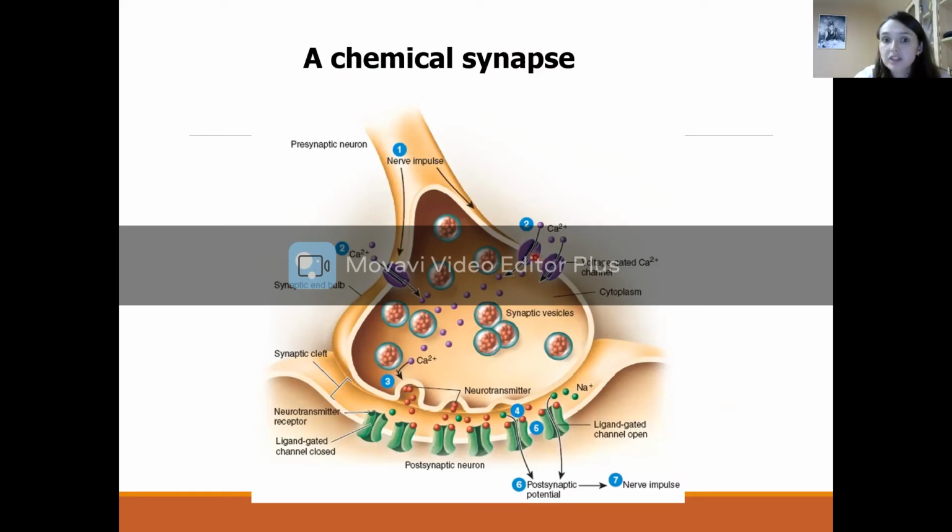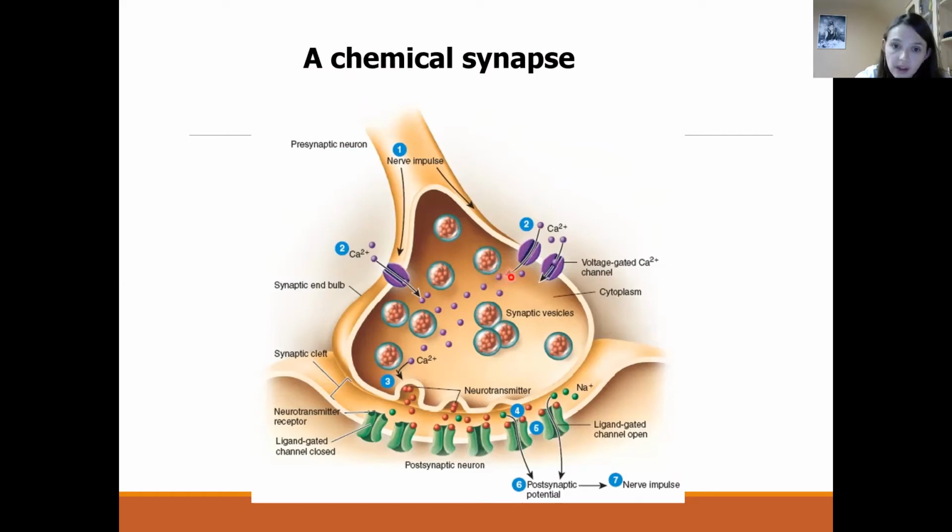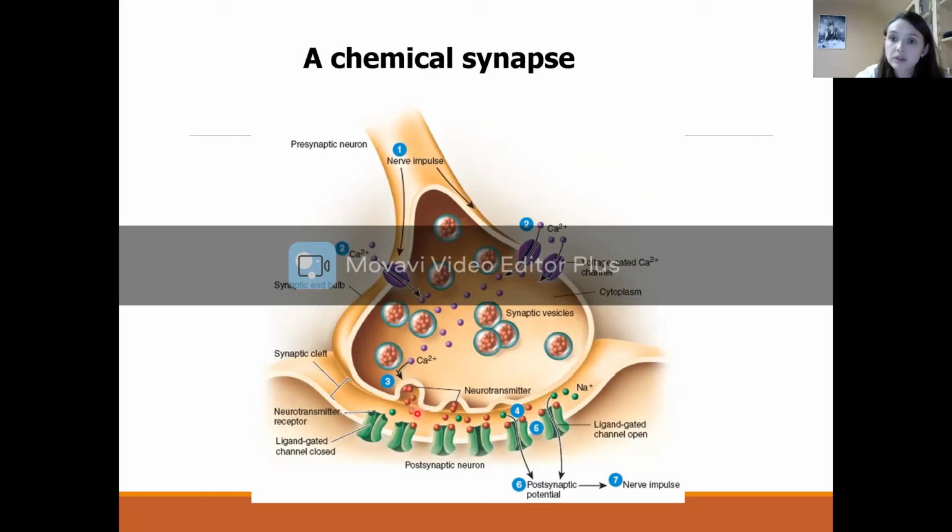So the second stage, it is the opening of the voltage-gated calcium channel. Calcium will enter the presynaptic neuron, and it will bind to the synaptic vesicles, and it will be responsible to release the neurotransmitters. So the third stage, it is the releasing of the neurotransmitters from the presynaptic neuron.